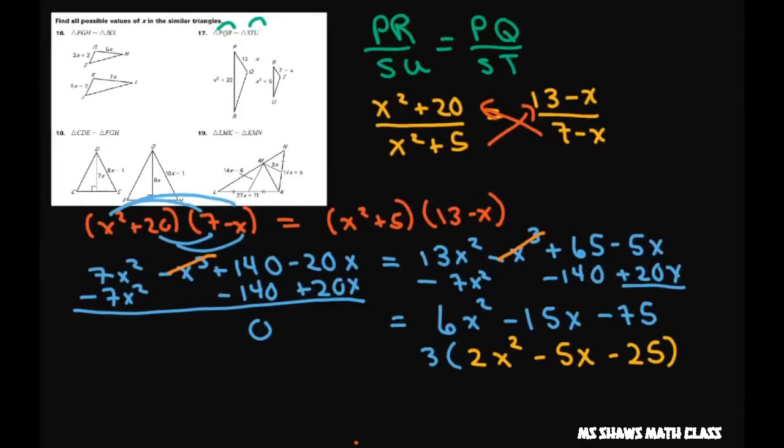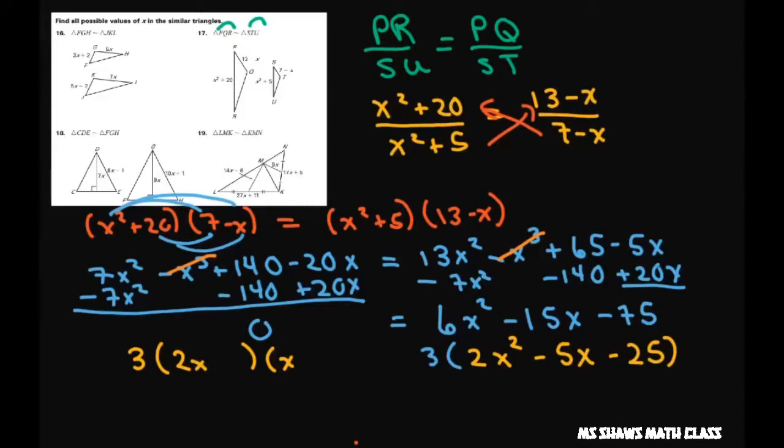Now factoring further, I can factor this out as 3 times, and then we can factor this by, let's see, 25. So let's do 2x and x. And then we're going to have 5 and 5.